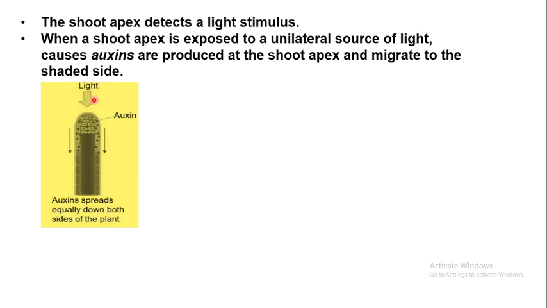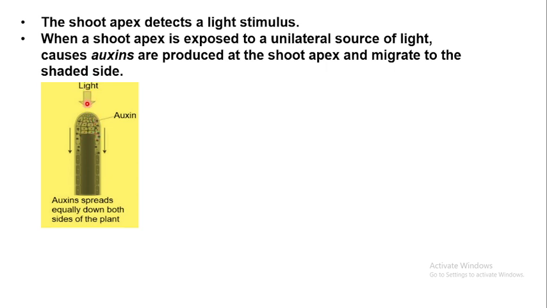All right, so consider this. We have light falling on the shoot, on the tip. This is the tip. So the cells here, once exposed to light, are going to produce auxins, which are the chemicals which will go down. They will go down and they get distributed equally, especially if the shoot is receiving equal distribution of light.